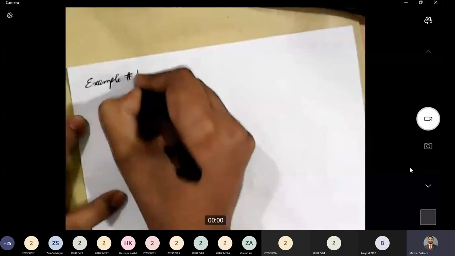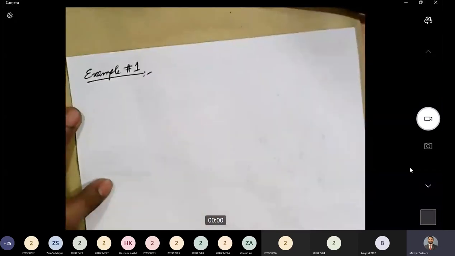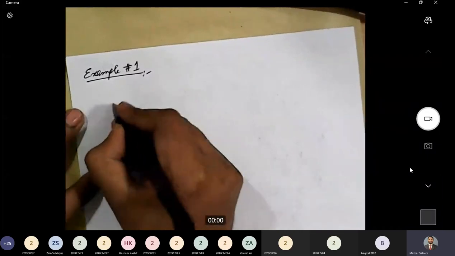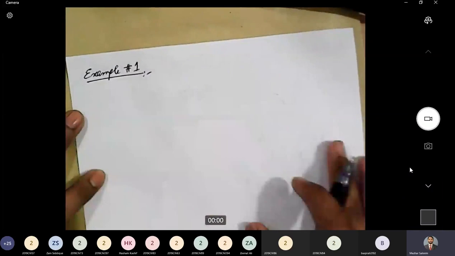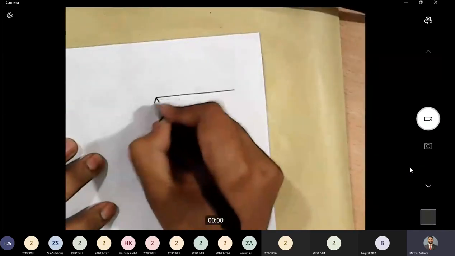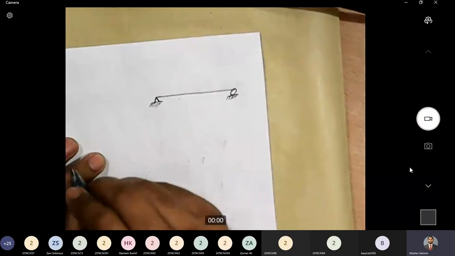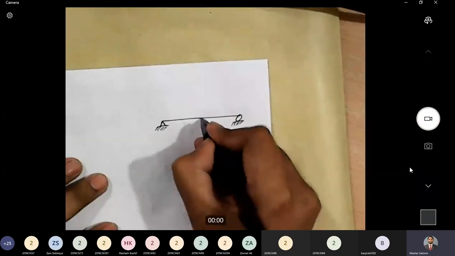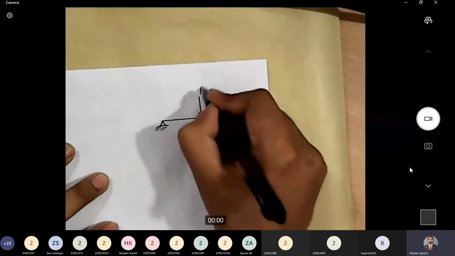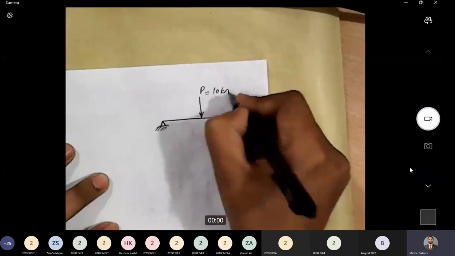Example number 1. And this is probably the simplest case that you will ever encounter. We have a simply supported beam and a point load P is acting on the beam and its magnitude is equal to 10 kilonewton.